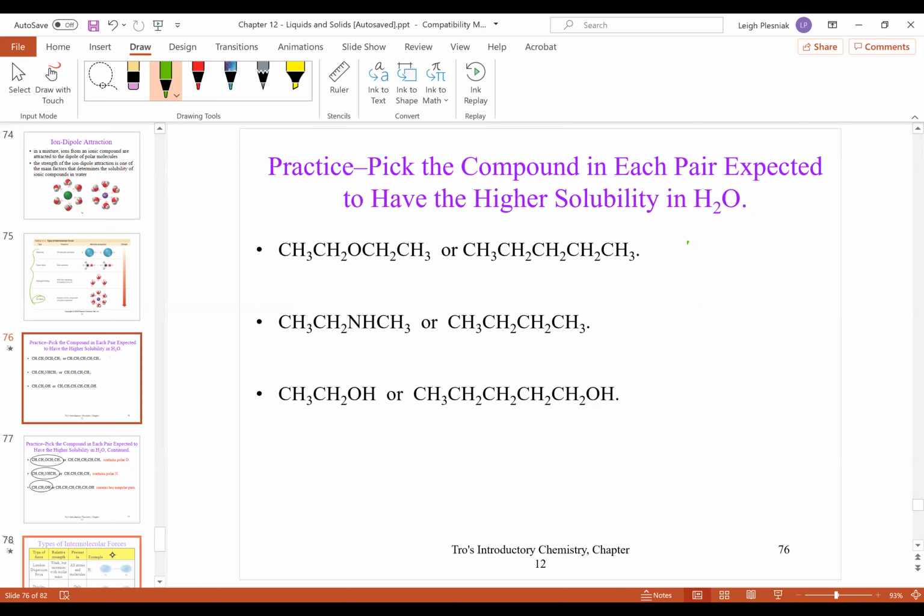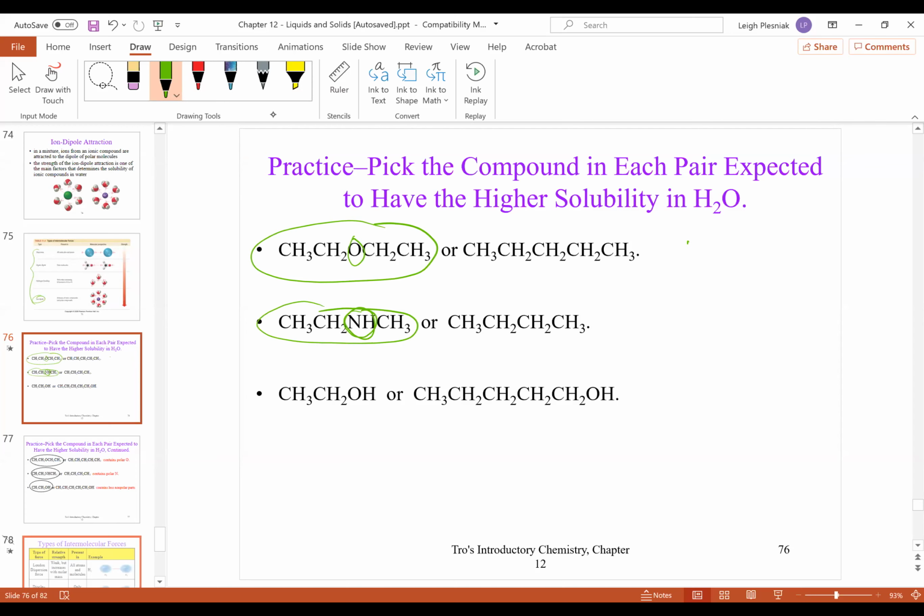Oh, do you want to look at this? This is actually here. Practice, pick the compound in each pair expected to have higher solubility in water. This one has an oxygen on the left, and this one is just a hydrocarbon. This is going to make it more soluble. This one has an NH, and this is just a hydrocarbon, so this will be more soluble. Now we have ethanol, and we have 1, 2, 3, 4.